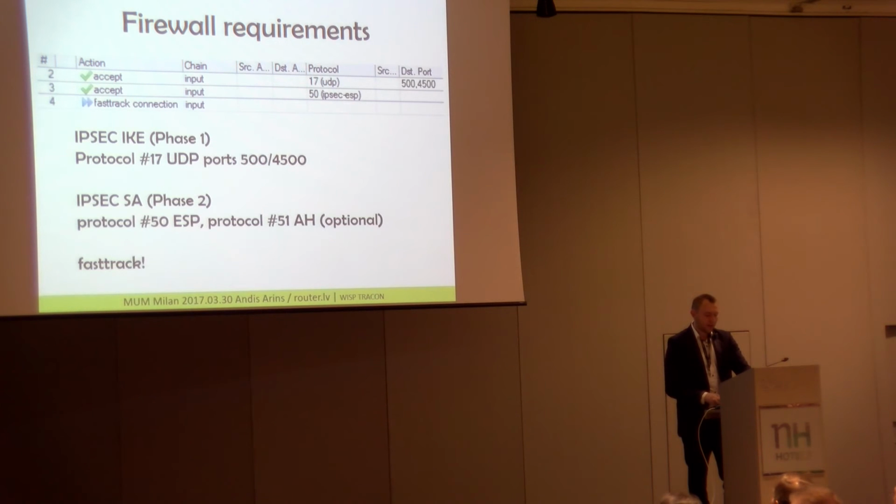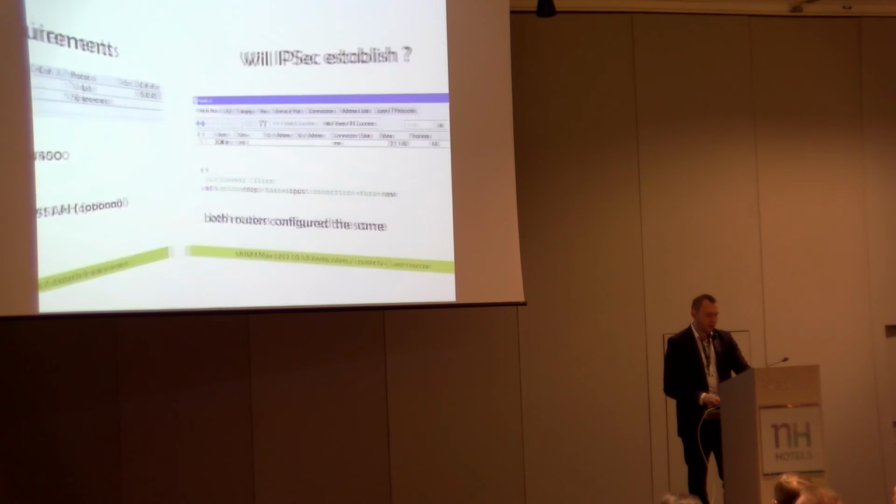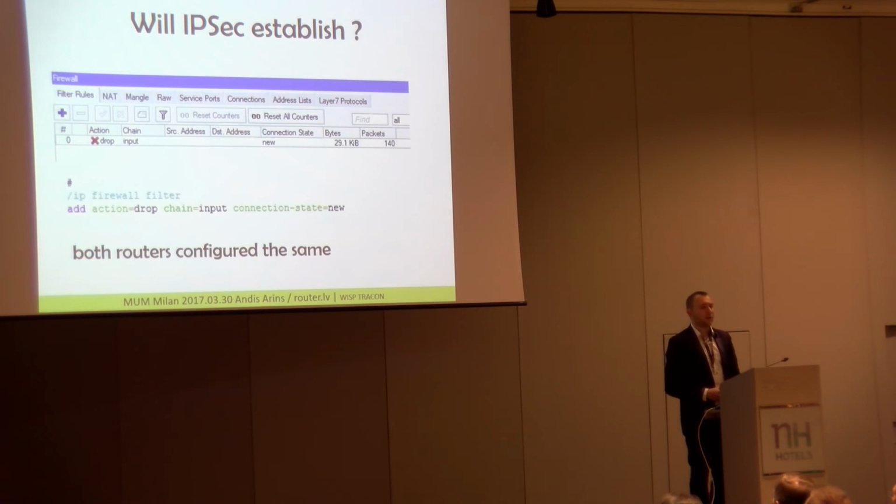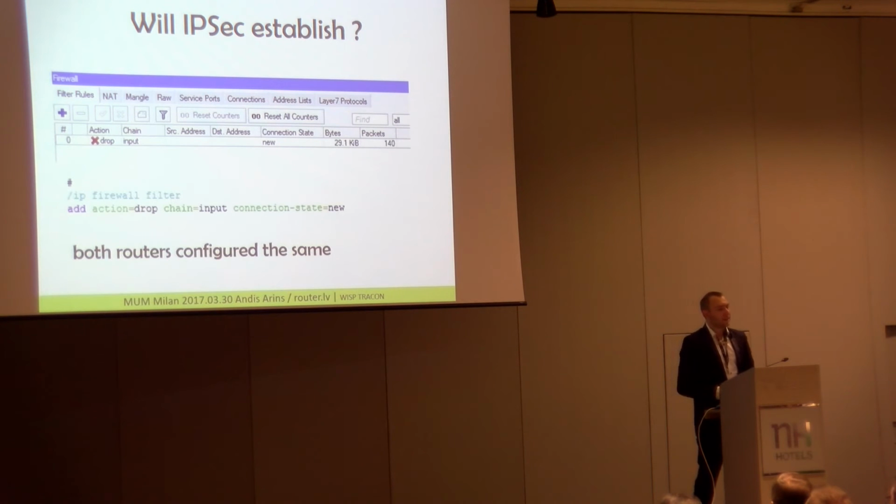Here is a small challenge for more experienced guys. In your IP firewall input, you have just a single rule to drop anything new. If you have 2 such MikroTik routers where IPSec is configured, can you establish peering? At first moment, it feels no, because it's matching and dropping anything new. But if you remember that IPSec with default settings, both sides start to initiate connection simultaneously.